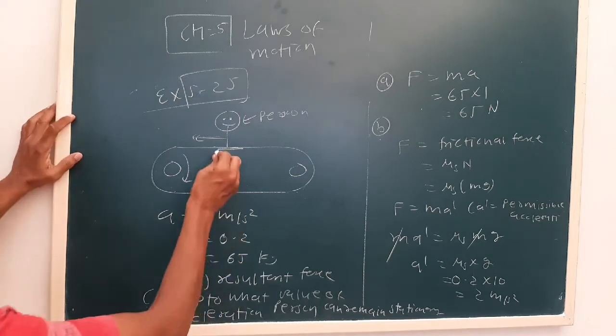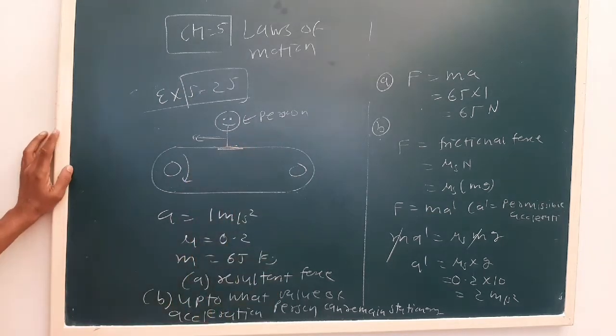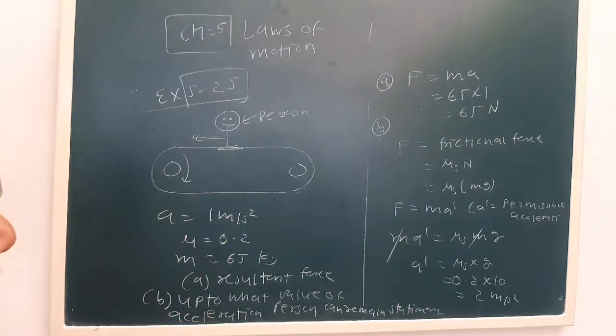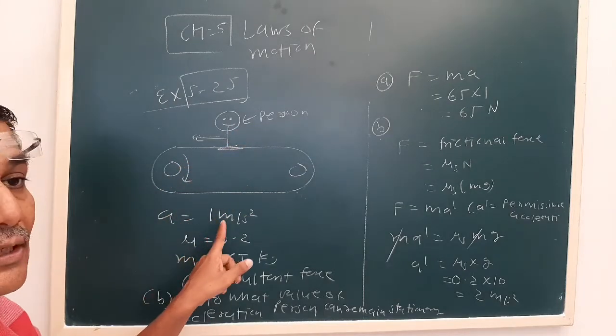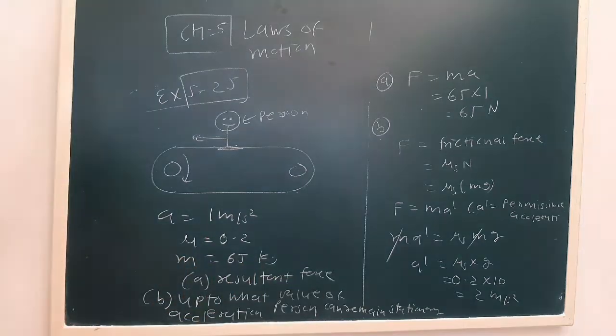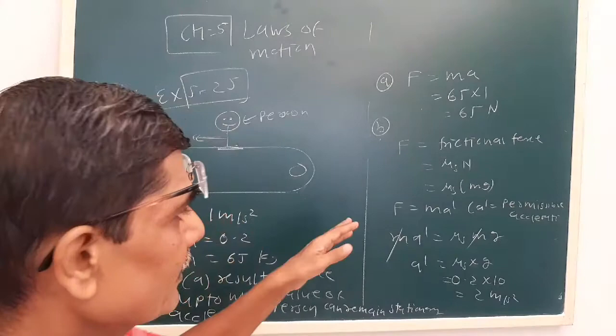Now see, the coefficient of friction is given as 0.2. In the first case, it is given that the person is stationary. Now the second part of the question asks up to what acceleration. Let us say the acceleration of the roller is changed from 1 meter per second square to any other value. We have to find out up to what acceleration the person can remain stationary.